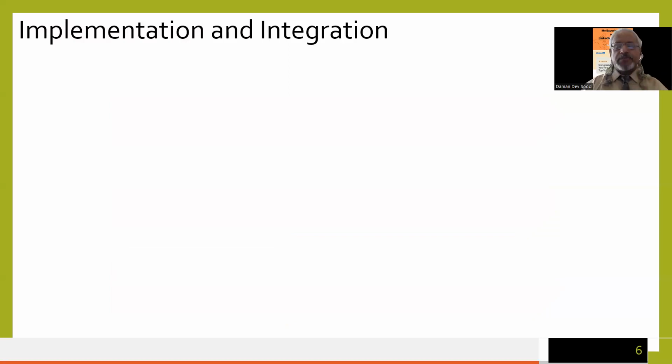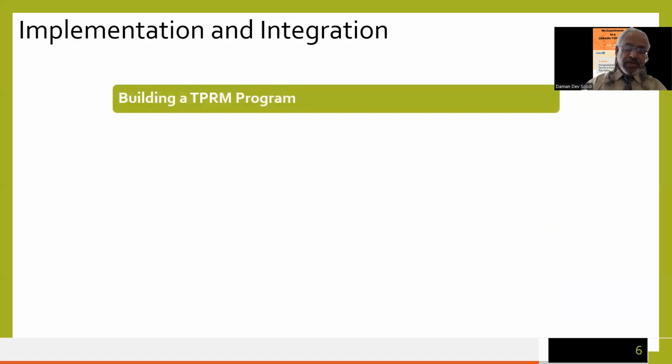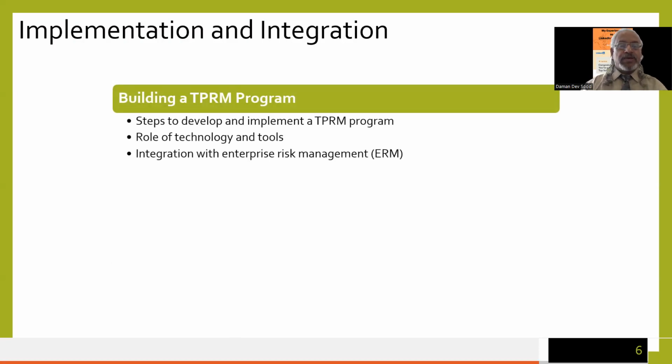Having understood the concept, we would go deep into implementation and integration. So we'll have to build a TPRM program, as I said earlier. Steps to develop and implement a TPRM program: how would we do that? We start with policy, which is the intent that we want to do this, to be followed by strategy and plans, which would contain the how portion.